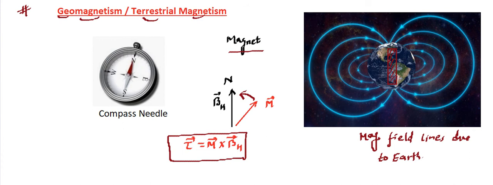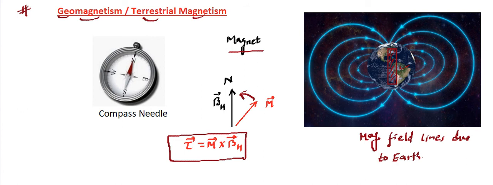Later on, the new school of thought came, and they identified that there is no bar magnet inside, because we know the internal structure of Earth: concentric spherical parts, that is core, mantle, and crust. So there's nothing like a bar magnet.